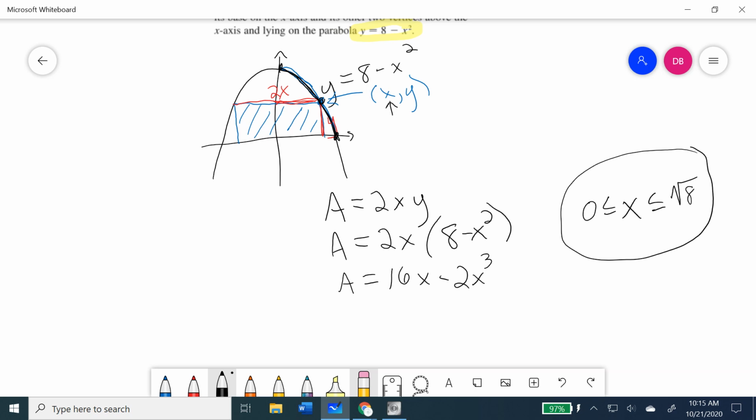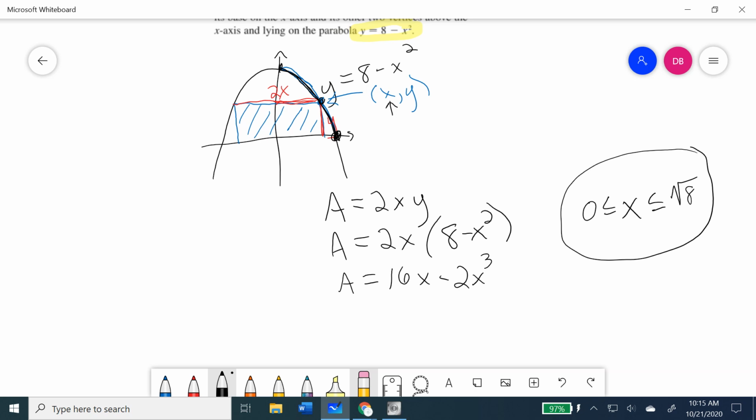The square root of 8 comes from the parabola y equals 8 minus x squared. Setting the parabola equal to 0 will allow me to find it. And so I'm looking for critical numbers only in this x interval.